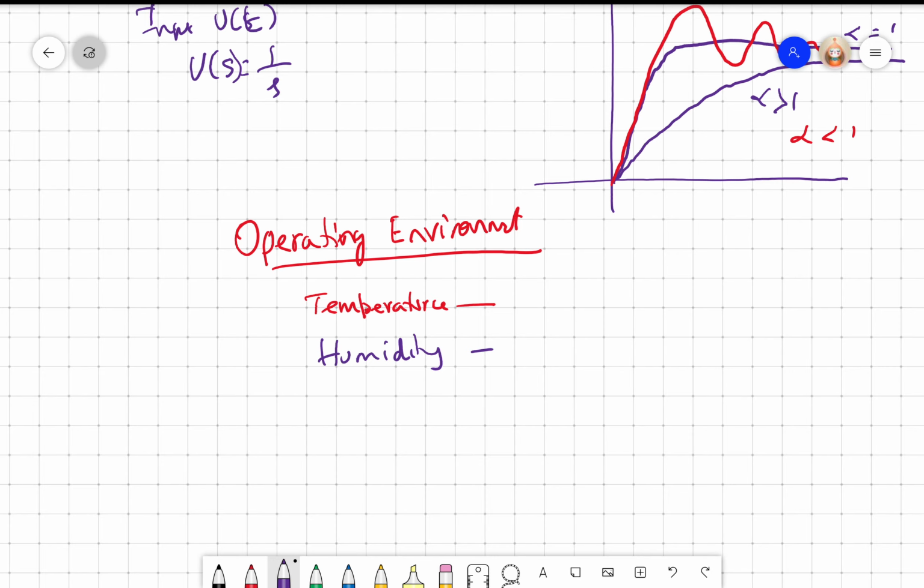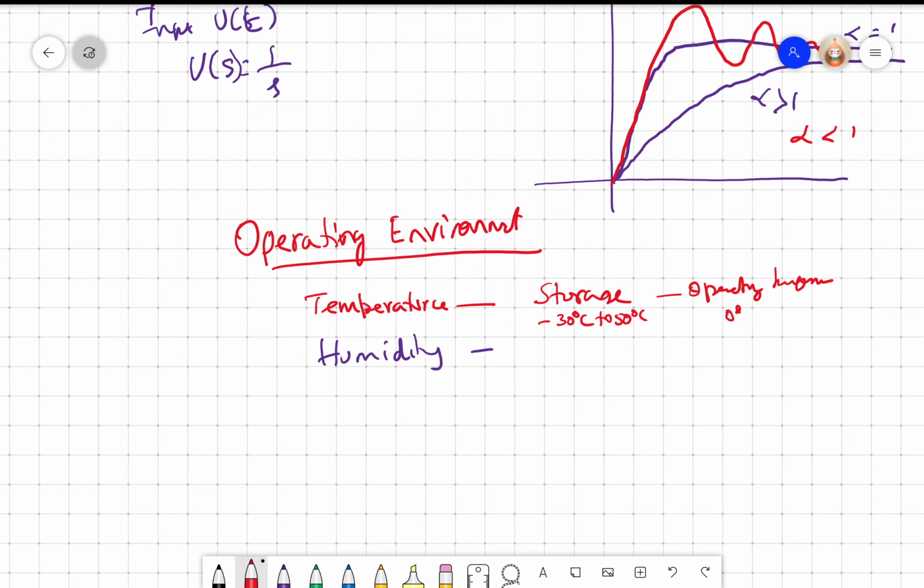Apart from the humidity, we also have to look at the temperature, where we can say there are two things: storage temperature and operating temperature. So maybe storage temperature is minus 30 degrees centigrade to 50 degrees centigrade.